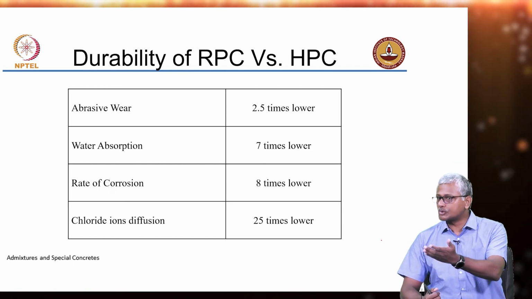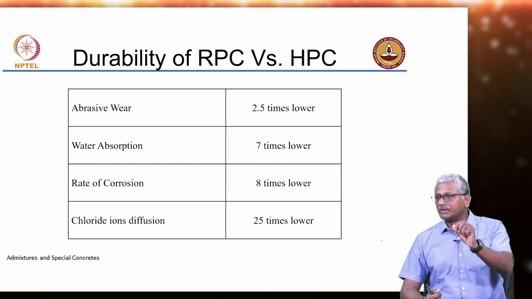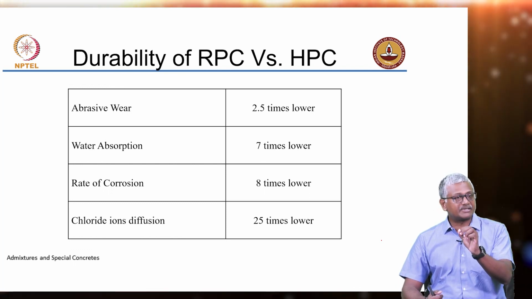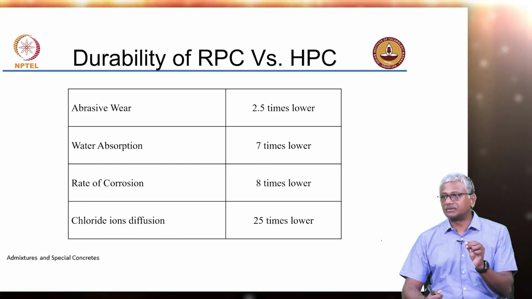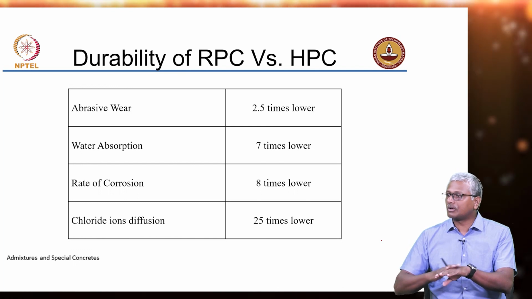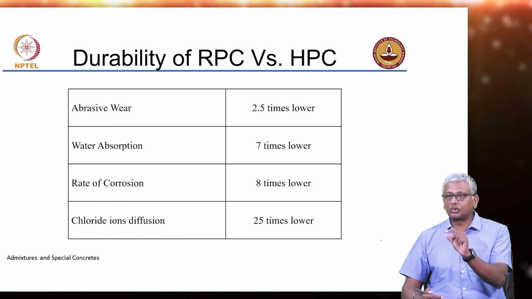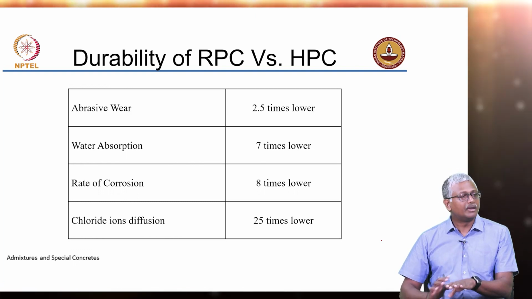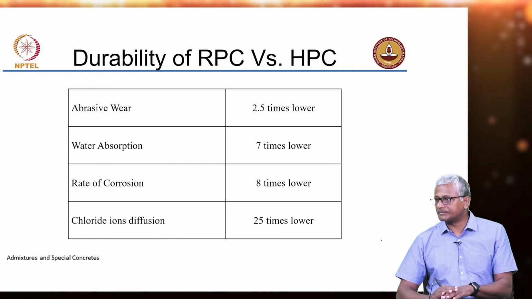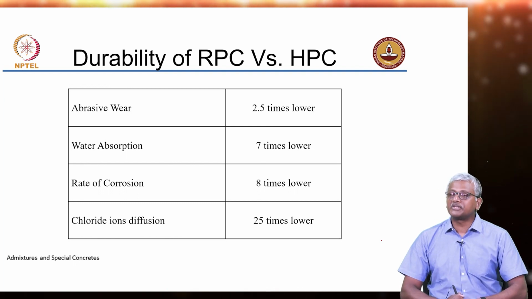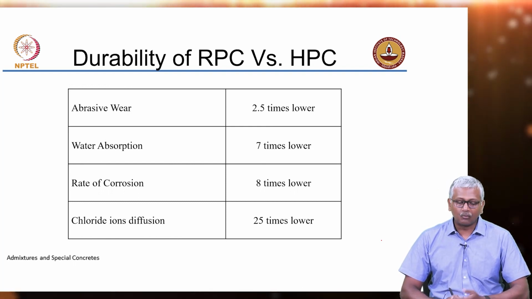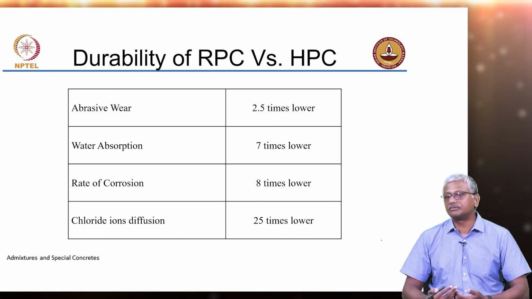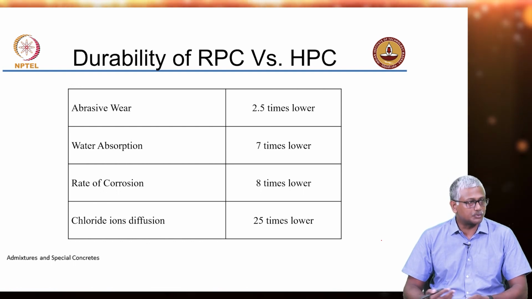See, in rocks also, if you think about rocks, each rock has minerals of different sizes, grain sizes are quite different. So when you cause abrasion of the rock, if the grain sizes are too large, it abrades easily. So when you go for grain sizes that are small, abrasion happens slowly. So same thing here, in RPC, the abrasion resistance is much better, water absorption is much lower because your water to cement ratio is too low.